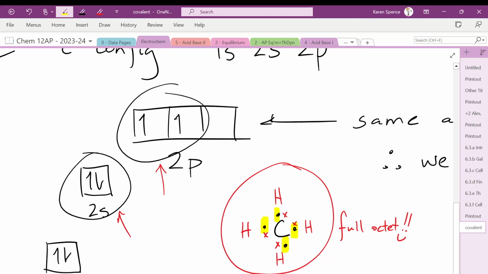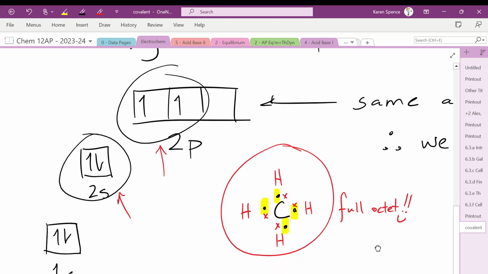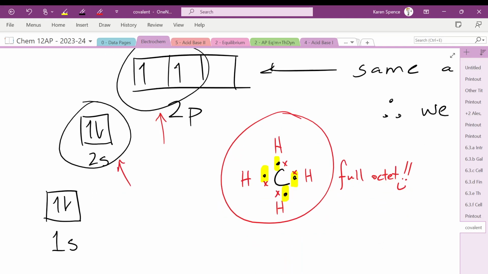Yes? We want 4 unpaired electrons in order to bond. Yes? Oh, the word promote. Yes, we need to promote some electrons.